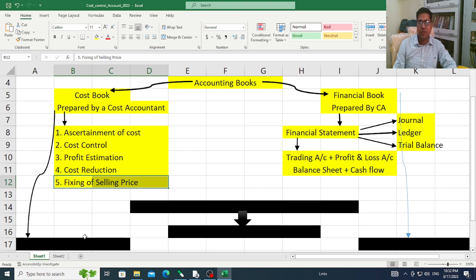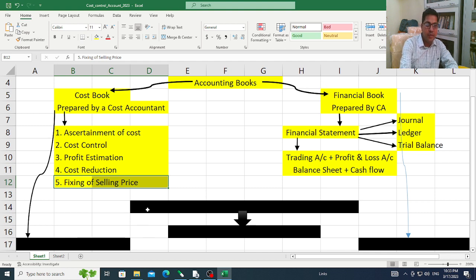Generally, financial statements are prepared using the double entry system. In these journal entries and ledgers, they post the entries in two ledgers, one debited and another credited, and the double entry system is maintained in the financial books. In the cost book, they will not maintain the double entry system.